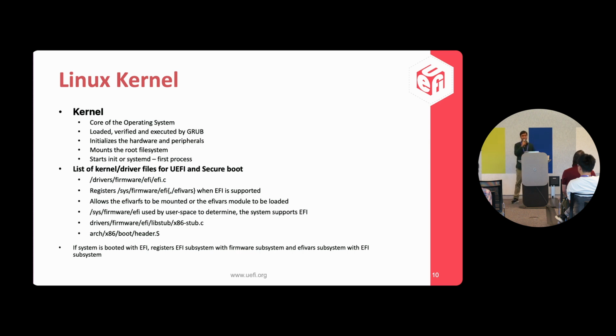Now here I have mentioned a few of the important kernel files which are dependent on the UEFI. To enable secure boot in the Linux kernel with UEFI support, we have to make a few changes in the kernel config files, which I will talk about in the next slides. But having said that, here is a list of files which are UEFI specific, firmware specific.